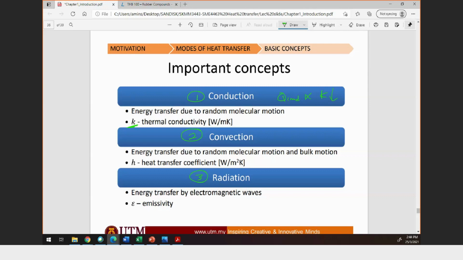Same goes for convection. Q convection is a function of the h value, the heat transfer coefficient. So how to increase the Q by convection is by increasing the h value.